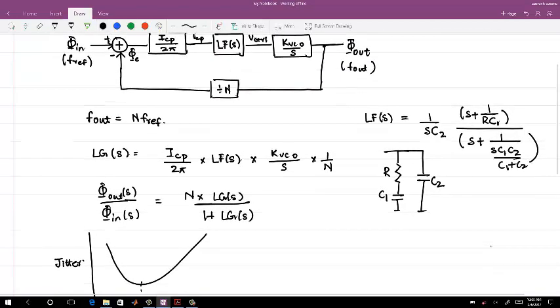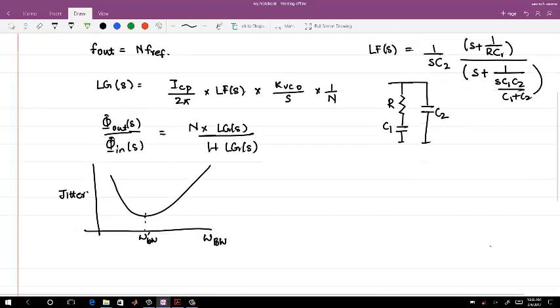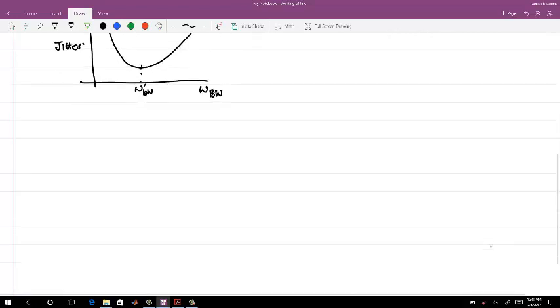Other than this, the basic charge pump based PLL design at the block level is done here. Now there are other things. So far we have done the linear analysis, and everything is pretty good, but the PLL is a sampled system, and when you go from a sampled system to a continuous time domain model, there will be some changes. We will look at those changes later.